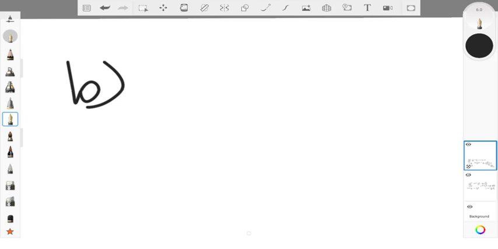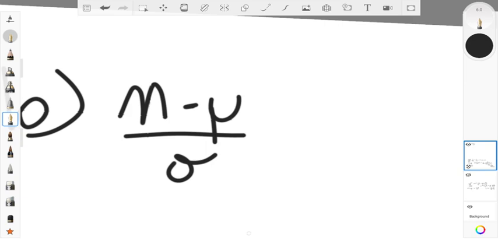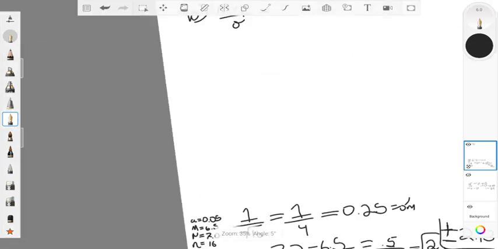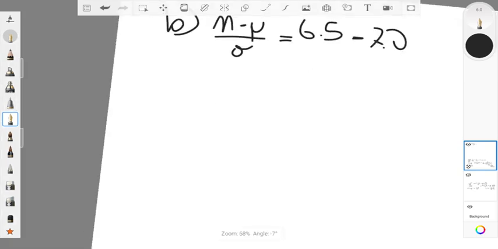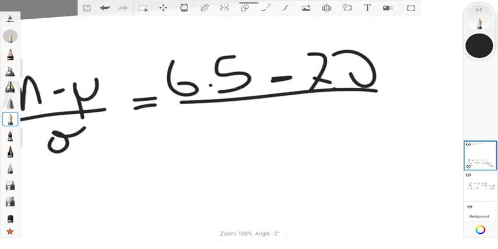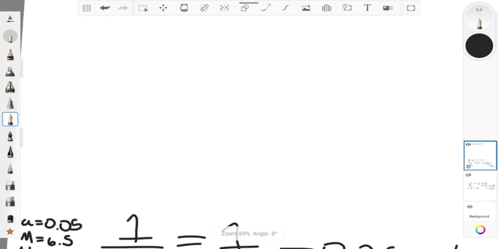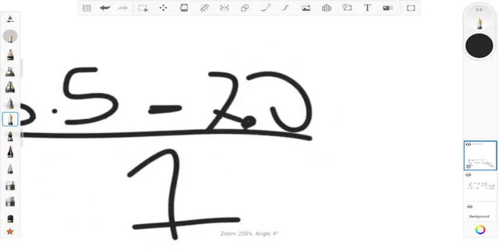To do that, we're going to use a new formula: M minus mu over sigma. This will equal 6.5 minus 7, over our sigma of 1.